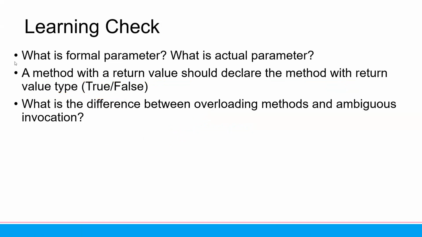Sorry, I cannot edit that. So if I have static integer max, integer num1, integer num2, I have a return value, return, let's say, num, and I have this integer num.